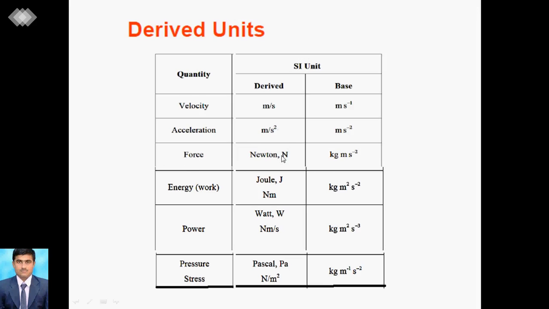Force is Newton, which is the name of a scientist. Then energy is Newton meter, or joule, which is also the name of a scientist. Then joule per second, or Newton per meter second, is called watt. Watt is also the name of a scientist. This is the specialty of these three terms, that is force, energy and power.